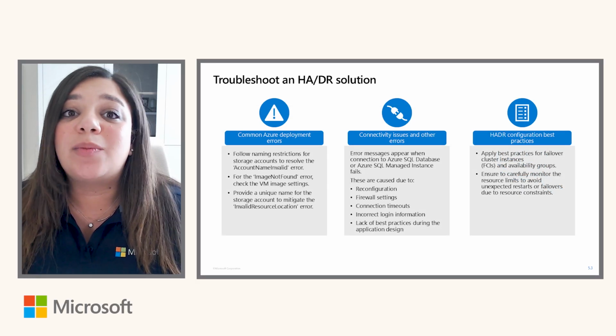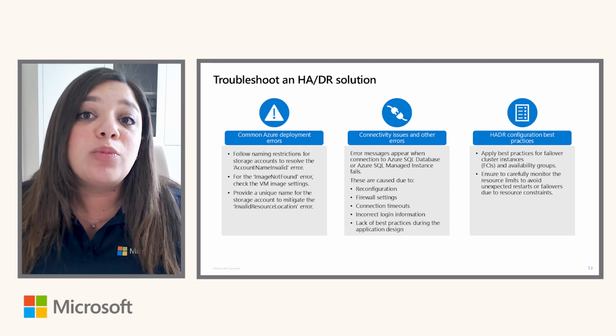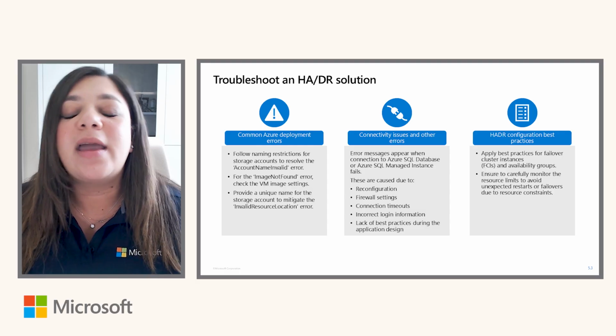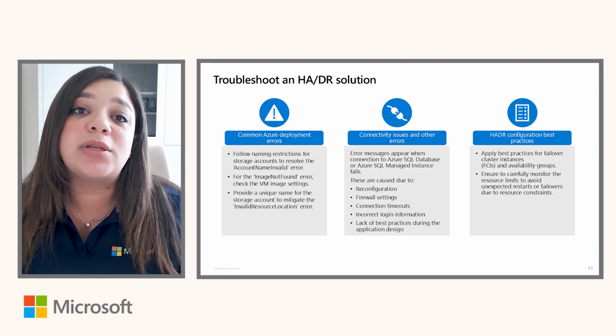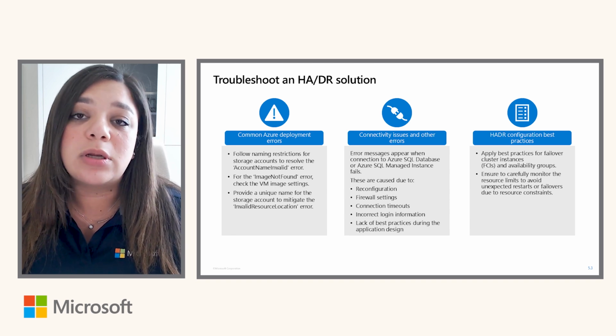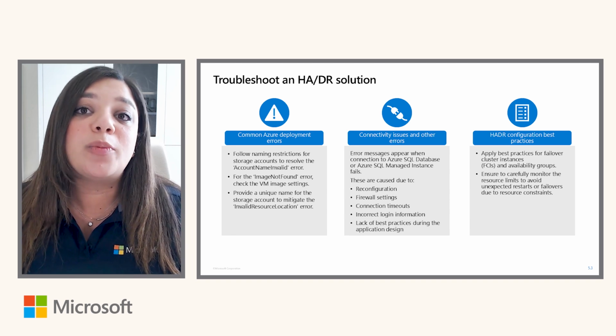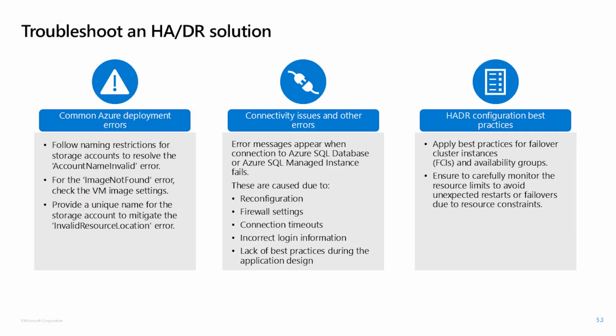Once this monitoring is in place, you need to also be prepared for troubleshooting common high availability and disaster recovery issues in our Azure SQL solutions. So know the common Azure deployment errors. For example, you might have naming restrictions for your storage accounts, so try to avoid account name invalid errors. Also look for connectivity issues and other errors.